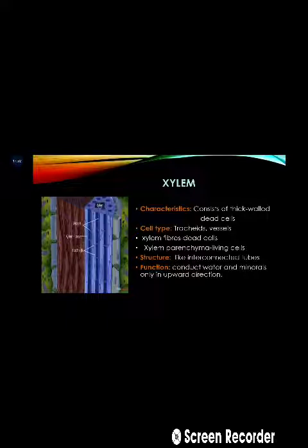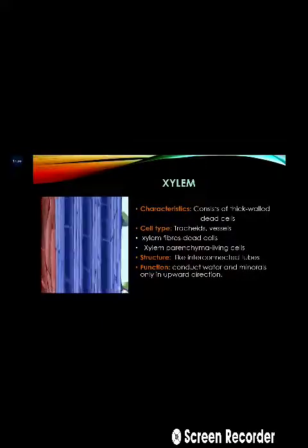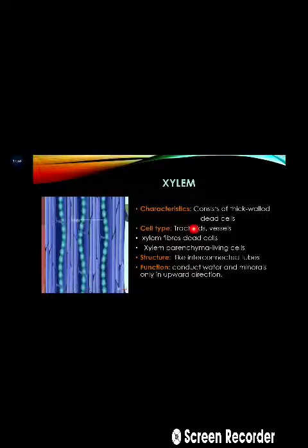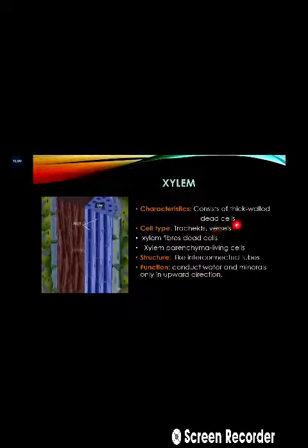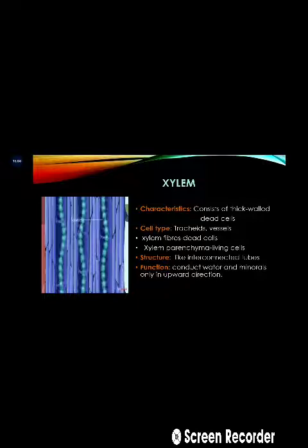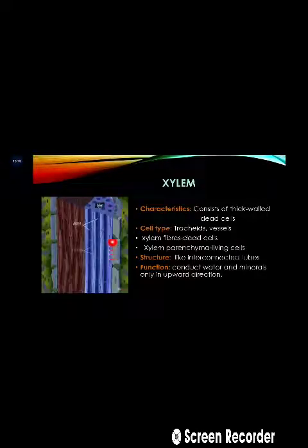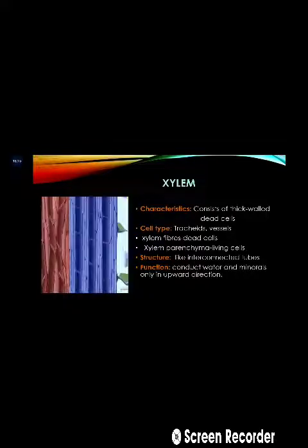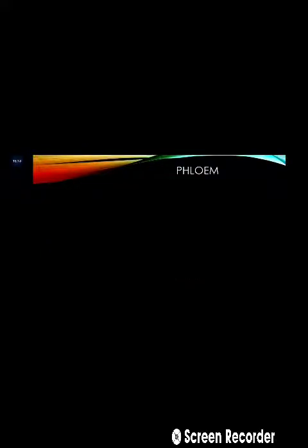Remember, once again I will just repeat it. It is made up of 4 cell types: tracheids, vessels, xylem sclerenchyma and parenchyma cells. It looks like interconnected tubes which conduct water and mineral nutrients to the upper parts of the plant.